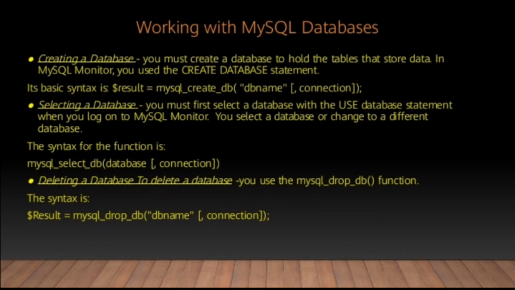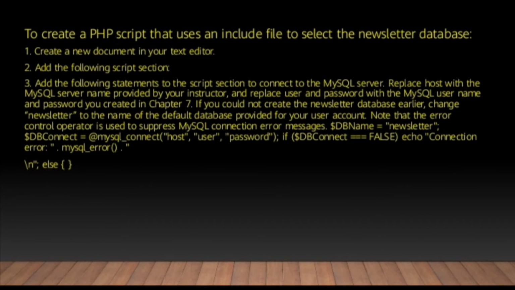To create a PHP script that uses an include file to select the newsletter database, first create a new document in your text editor. Second, add the following script section. Third, add the following statement to the script section to connect to the MySQL server.